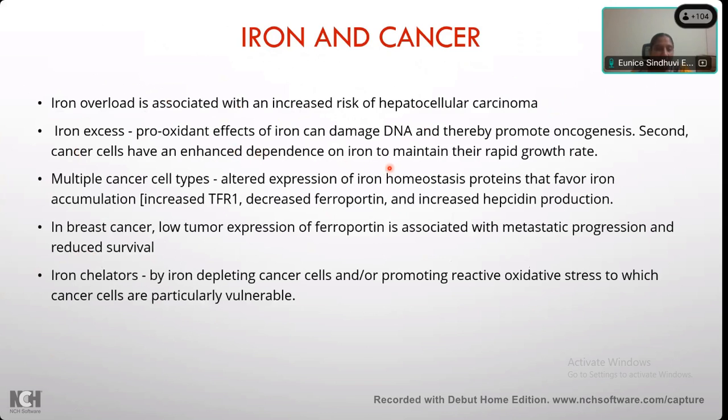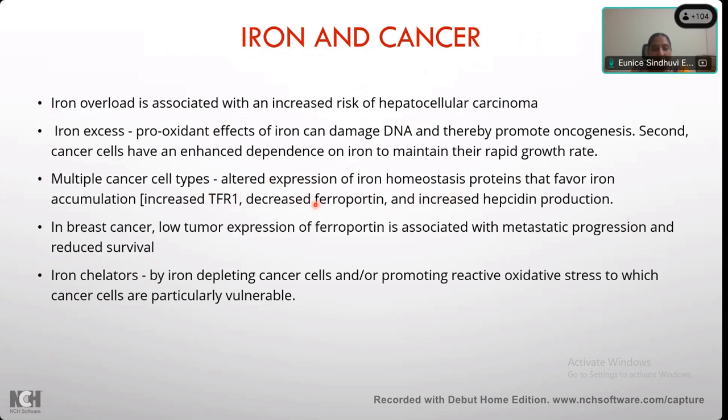And in various cancers, like breast cancers and adenocarcinomas and others, there have been studies which show that there is altered expression of iron homeostasis proteins, so that the cancer cells, even though they have enough iron, have an increased TFR1 and decreased ferroportin, which mimics an iron-deficient cell.